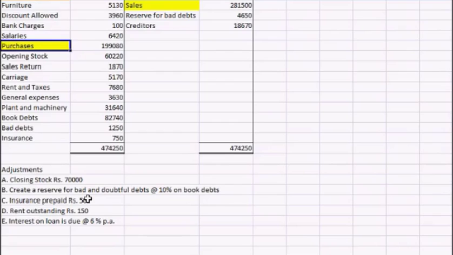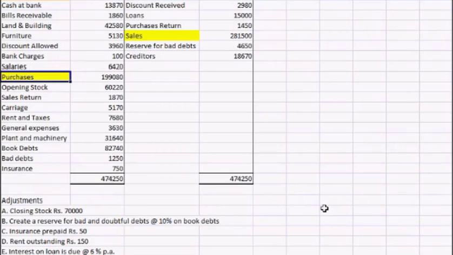So the first thing it will affect is the balance sheet, and it will come on the debit side of the balance sheet because it is an asset, as well as it will have an impact on the cost of goods sold, because this is the amount of goods that has remained after the year of consumption.